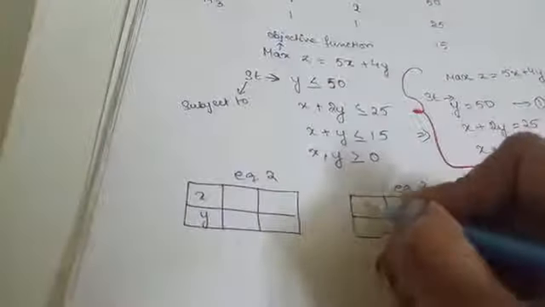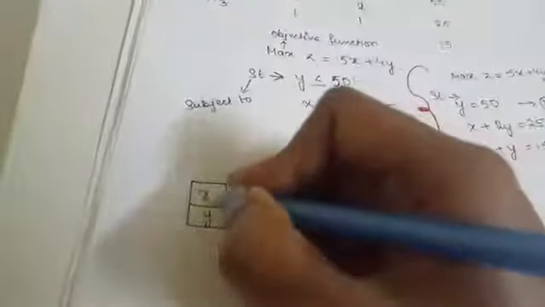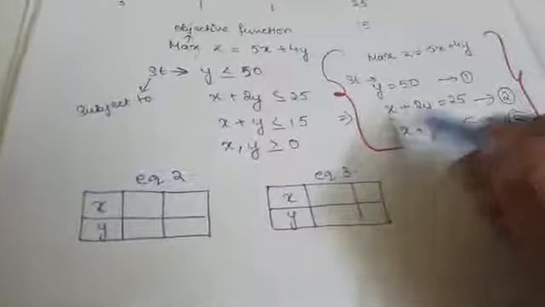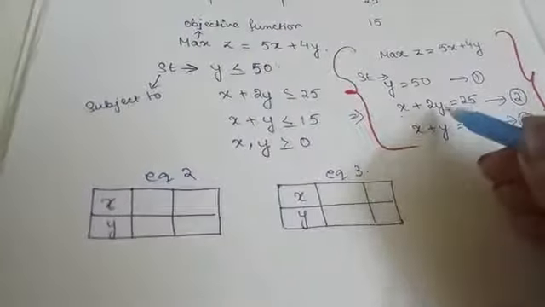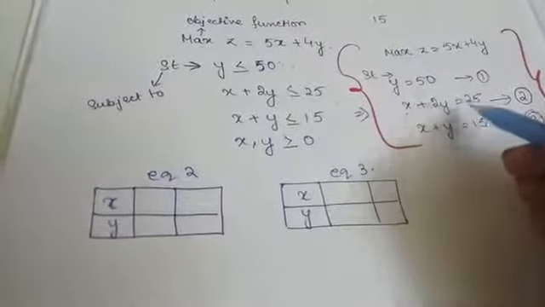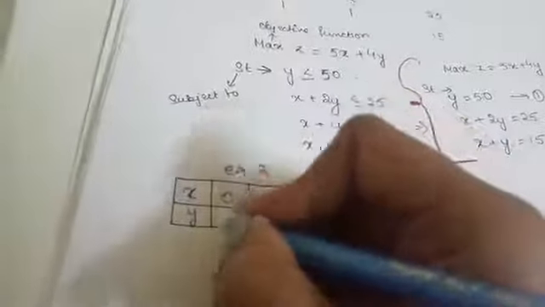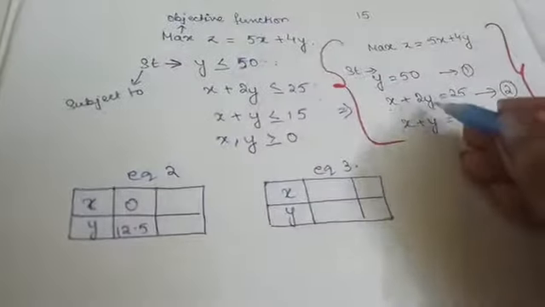So first write x and y, since these are the only two variables used here. So when x equal to 0 for equation number 2, 2y equal to 25. So y will be equal to 12.5. So when x equal to 0, y will be equal to 12.5. Similarly, do it for the opposite one. When y equal to 0, x will be 25.